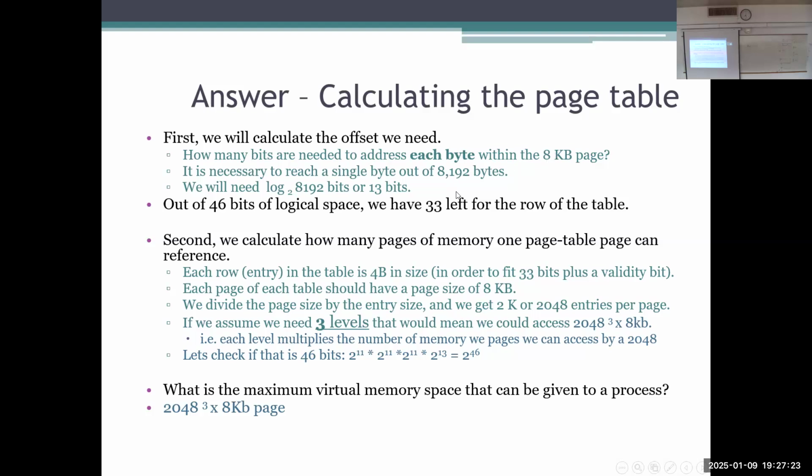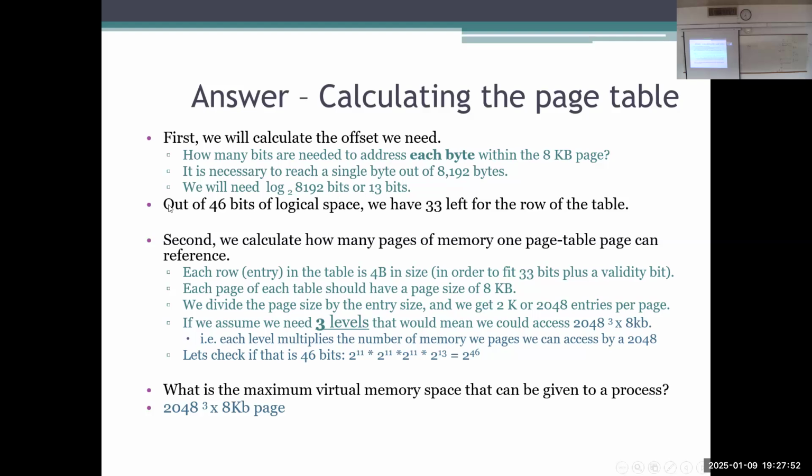Because it's an 8 kilobyte page, so we will need log 2 of that number, which is 13. 2 to the 13th power is 8 kilobytes, so you can address it. In other words, this is the size of our page, which is 8,192 bytes. How many bits do we need? You just do log 2 of that number, and you get the answer.